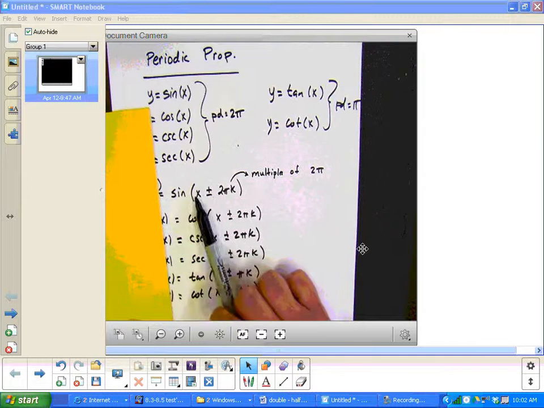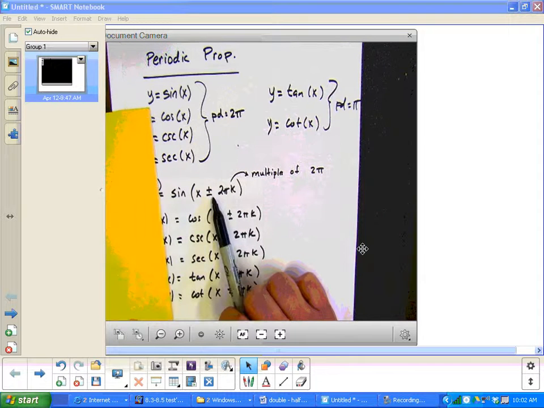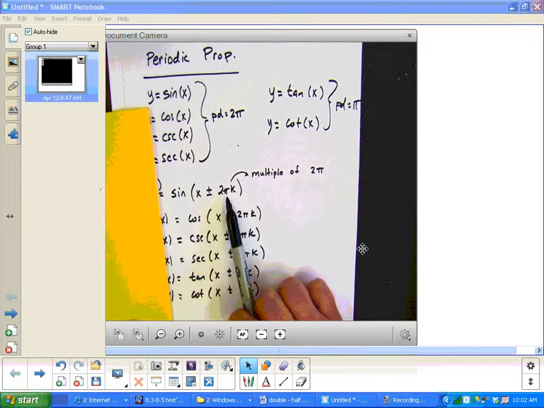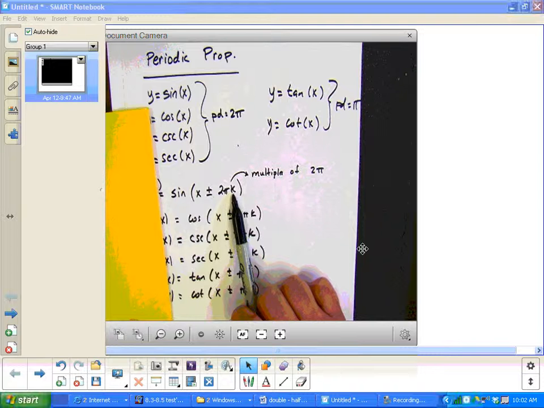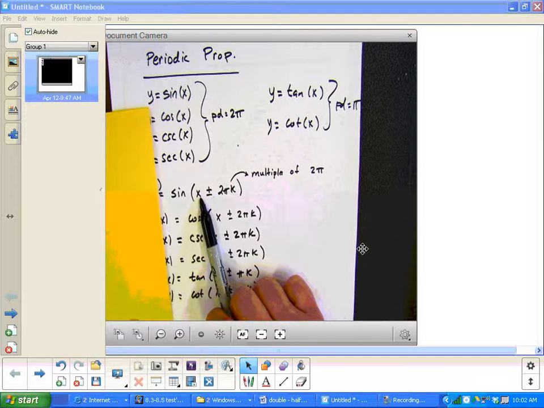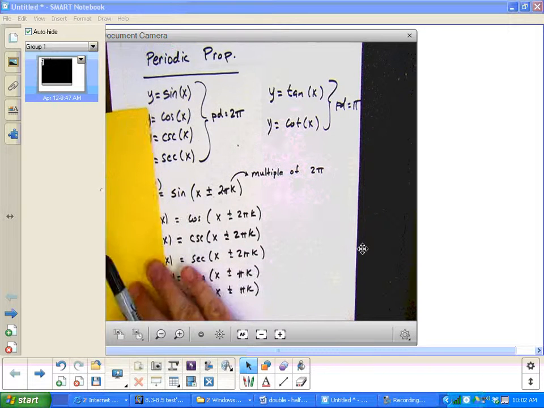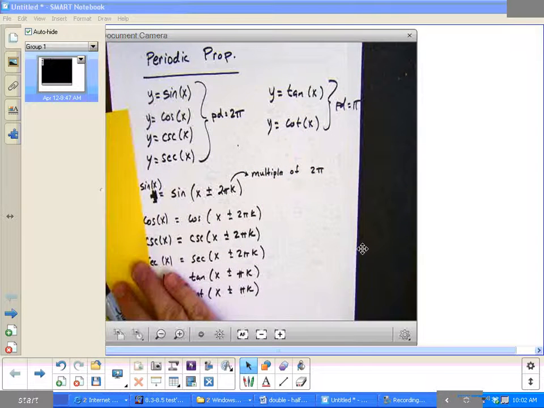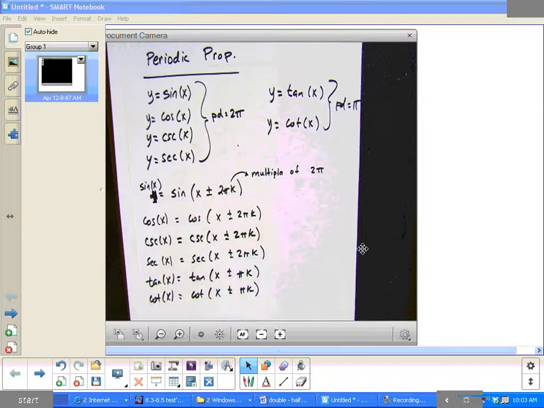If this is pi over 6, and I say plus or minus 2 pi, or say 8 pi or 10 pi, it's just still going to be pi over 6, isn't it? Okay, so what's it going to be here? X.